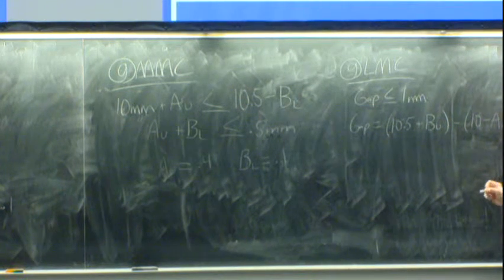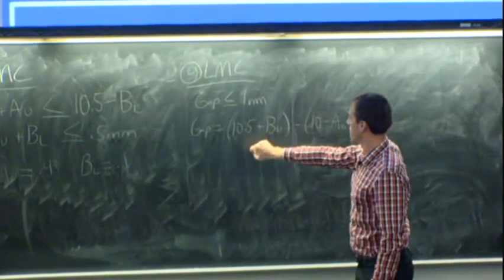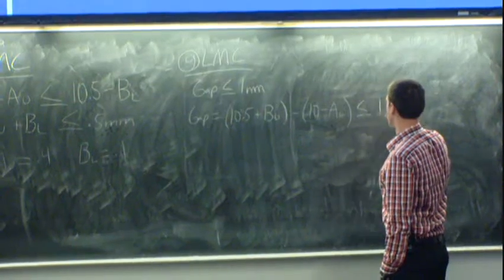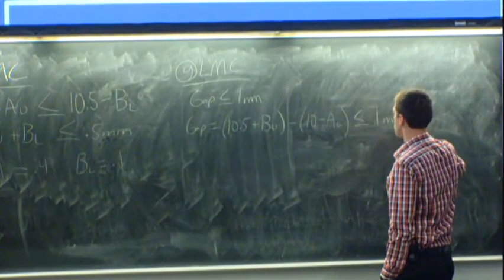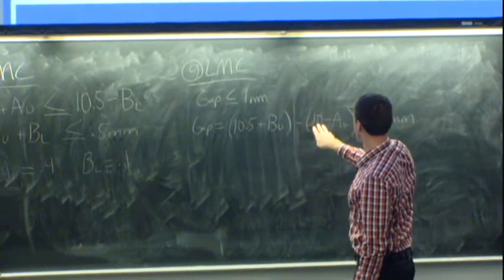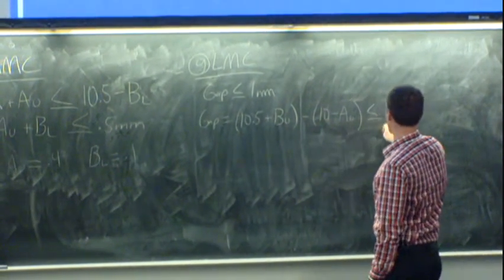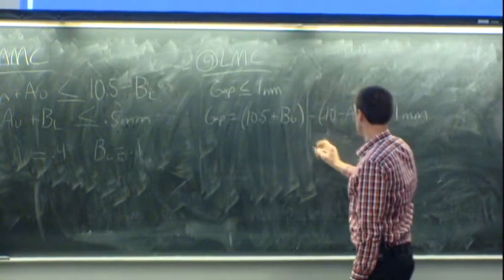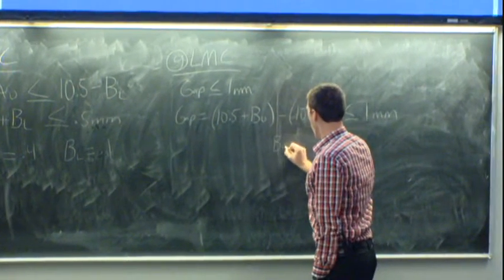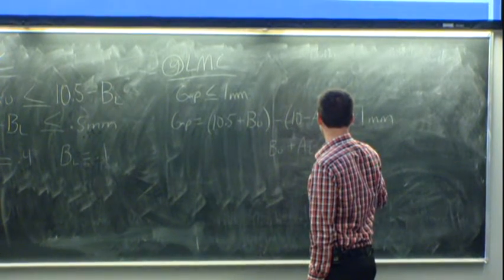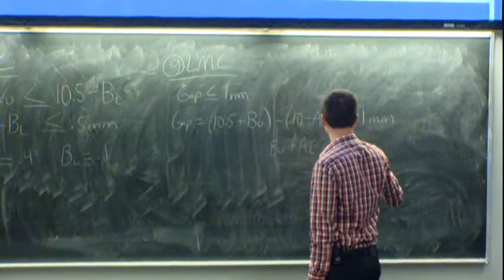Okay. So at this point, you say I've got this equation that needs to be less than or equal to my 1 millimeter. So I know 10.5 minus 10 would be a half, and I can subtract that across, and then I'm going to sum BU and AL. So I know that BU plus AL need to be less than or equal to 0.5 millimeter.